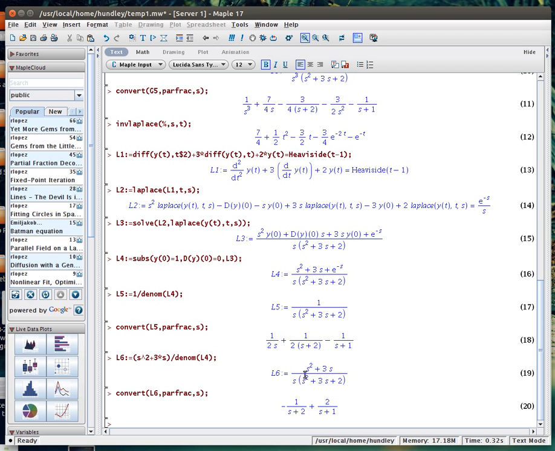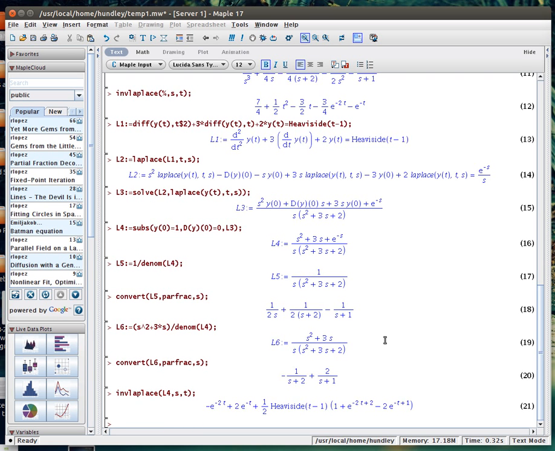The 1 over s goes away, the s is cancelled here, and so you're just left with a simple expression. Good. So that's how we can use the Heaviside. In fact, let's go ahead and take the inverse Laplace transform now of L4 st, and there's our expression.